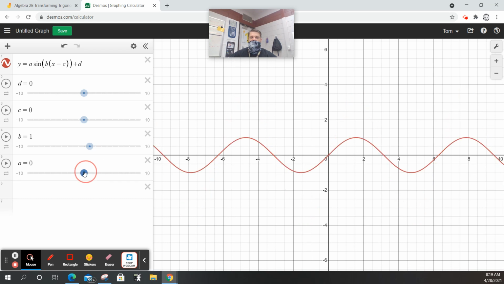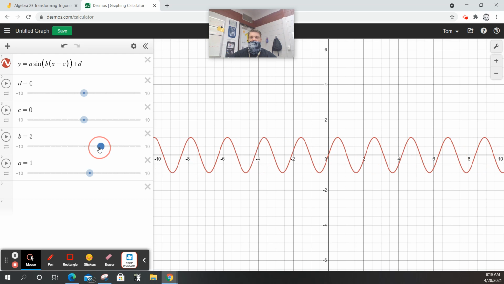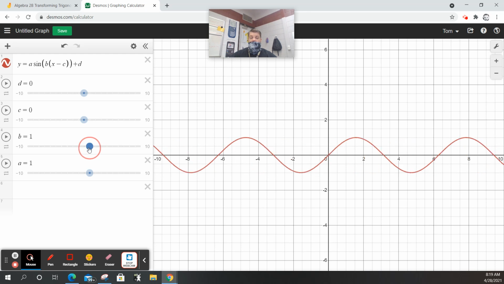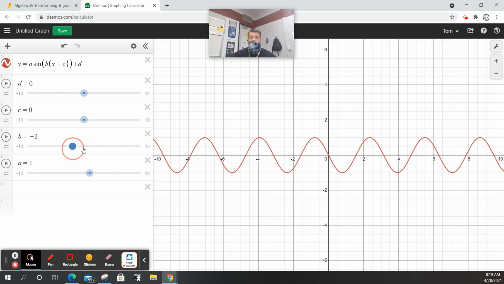Let's see what B changes. Oh, I want A to equal 1. All right. Let's see what B changes. Well, B either compresses it or you can stretch it too.